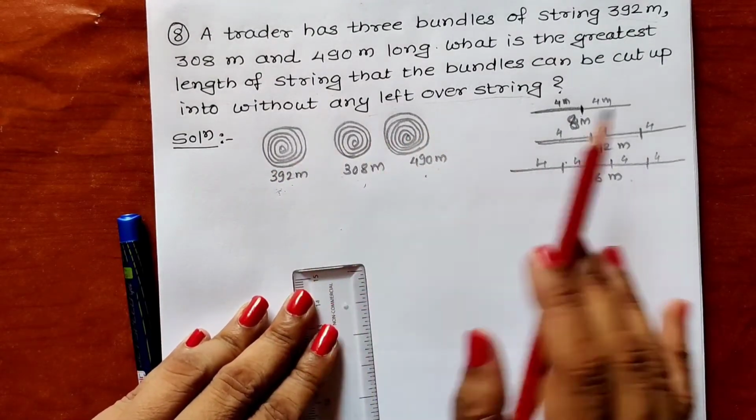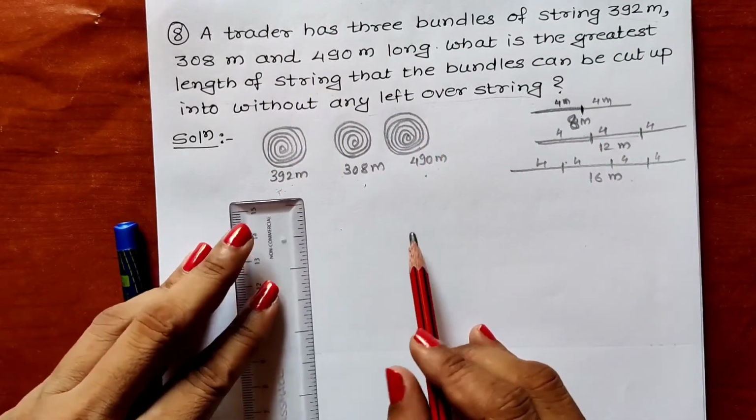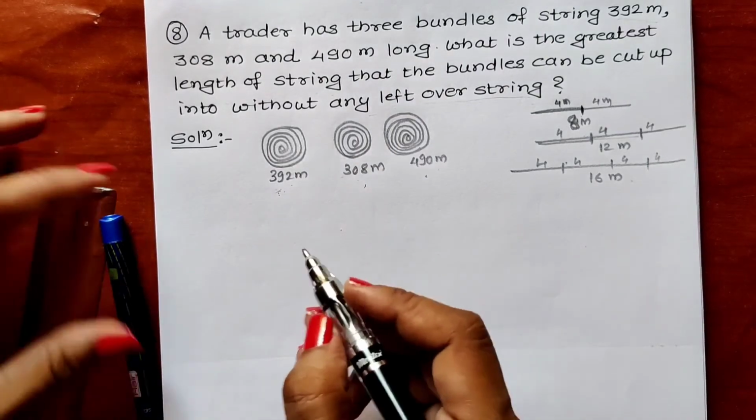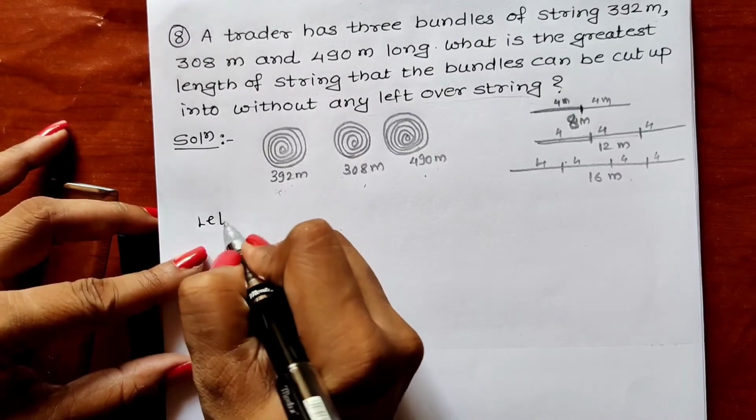These diagrams are not compulsory. You should not draw the diagram. You can directly find out the highest common factor. So solution you can start.